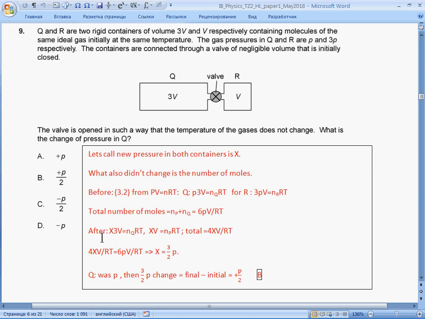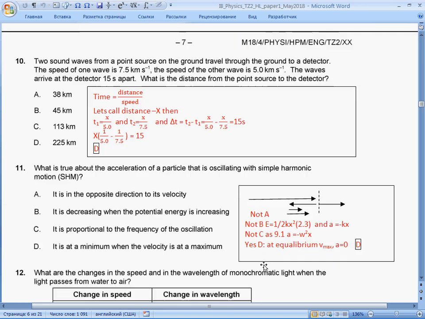After opening the valve, nq we find from this formula, and p we find from this formula, so the total is this. So this expression is equal to this expression. We solve for x, and now we can find the change of pressure for V. Final minus initial. Final is so much, initial was P, so the answer is plus P over 2.